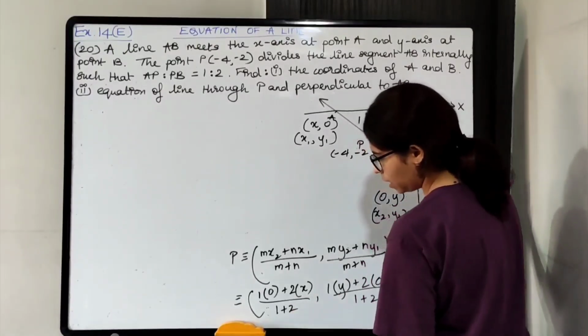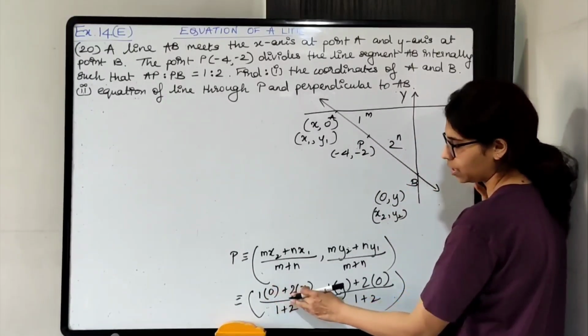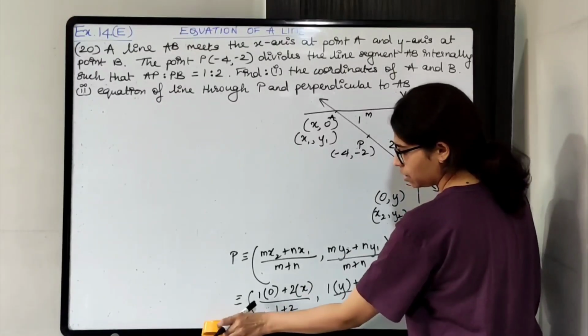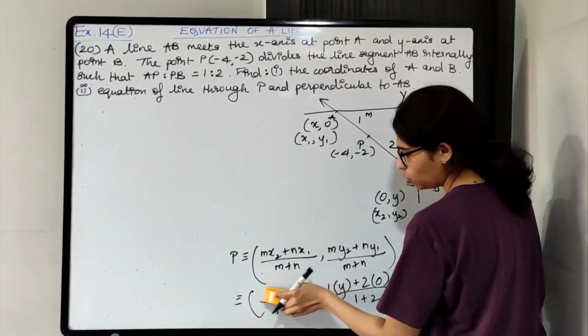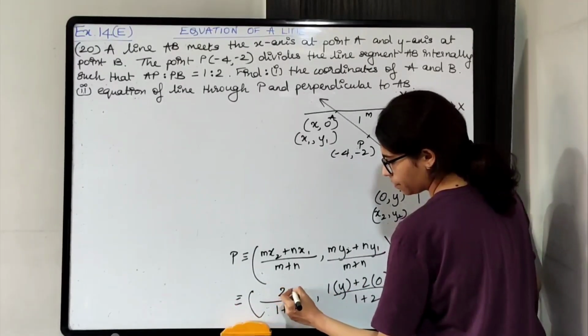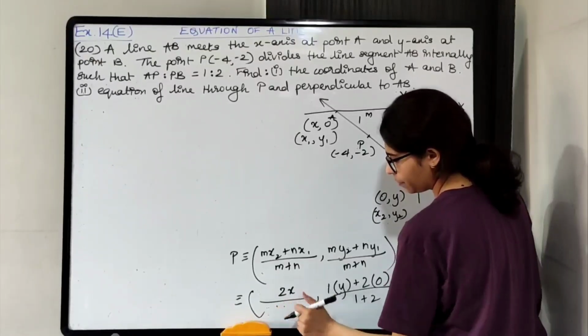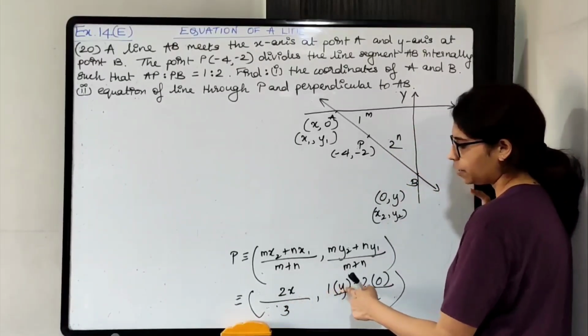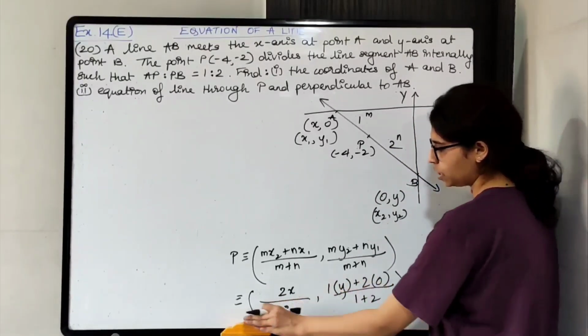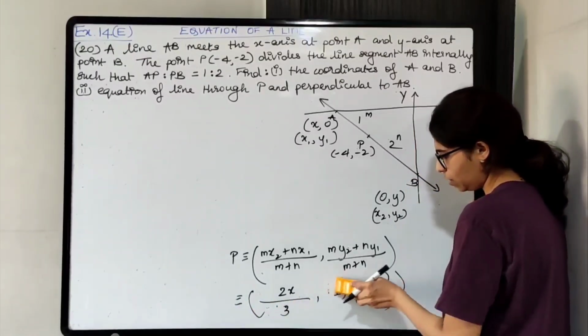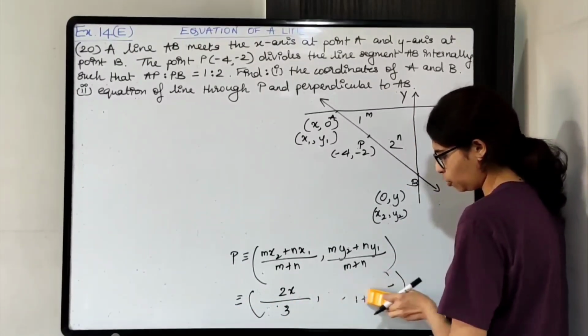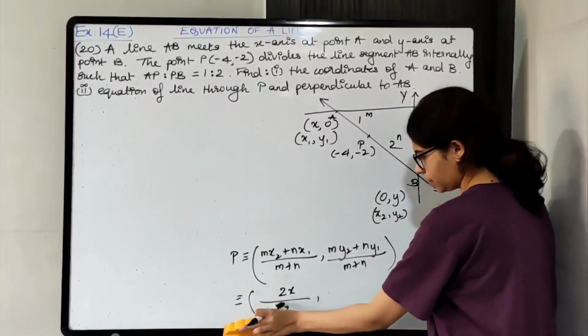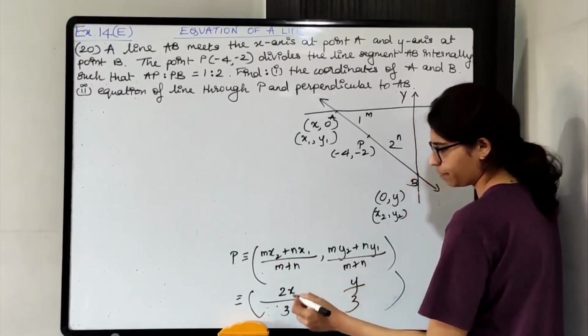So on solving 1 into 0, 0 हो जाएगा, 0 plus 2x, so 0 plus 2x is nothing but 2x है ना, and 1 plus 2 is 3. Over here 1 into y plus 2 into 0, 0, so y हो जाएगा, y plus 0 is y upon 3, so you will get y upon 3.